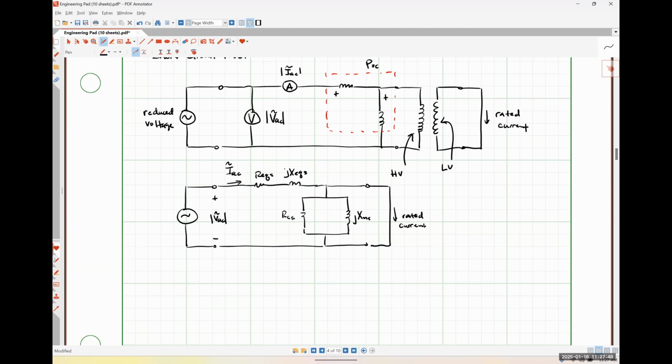So by drawing the circuit like this, it's hopefully pretty obvious to see that all of the current that is effectively injected into our system by applying that lowered or reduced voltage, excuse me, flows only through the series portion, and it bypasses the parallel portion.